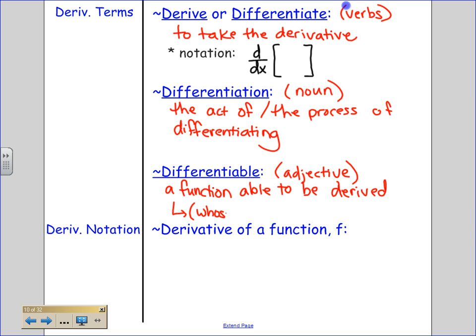Whose derivative exists. Because as we know in math, derivatives or numbers or things we're solving for sometimes do not exist.